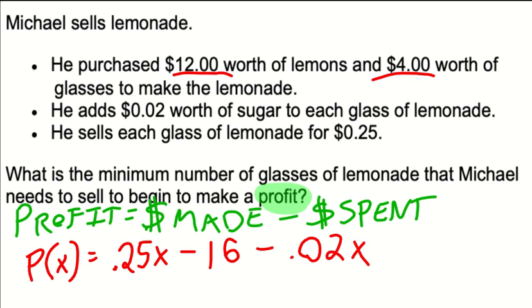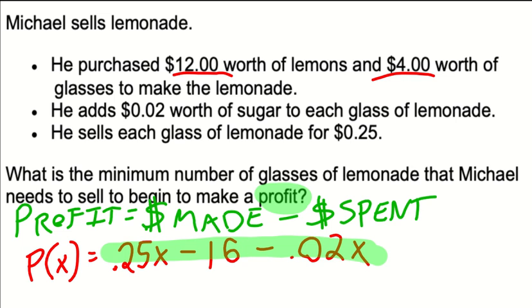So if you put that into Desmos, basically what you're looking for is where it's going to cross from a negative y value to a positive y value. So we need this to go from negative to positive.